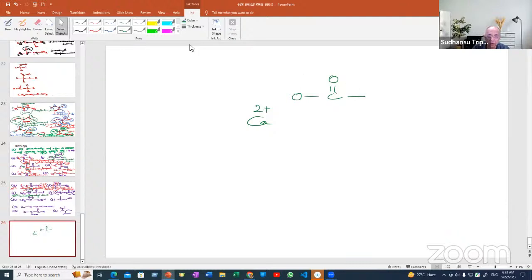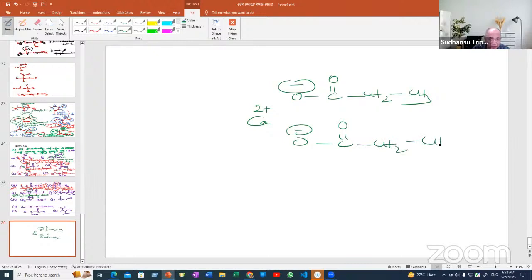O, C double bond O, then CH2, CH3. And it needs one more because its valency is 2, where the alkanoate valency is 1 minus. Therefore, I have written in organic style like this whole O, and no, I have not written that.